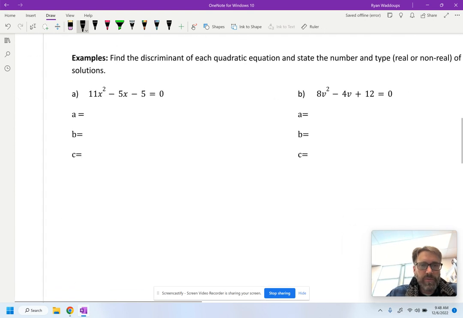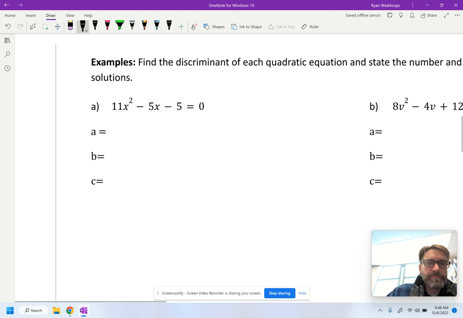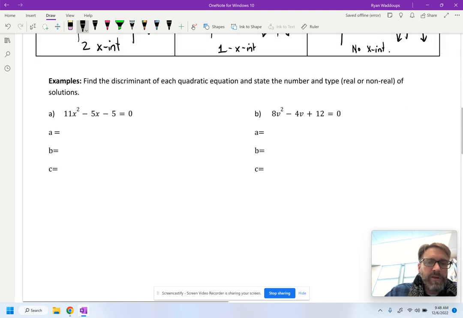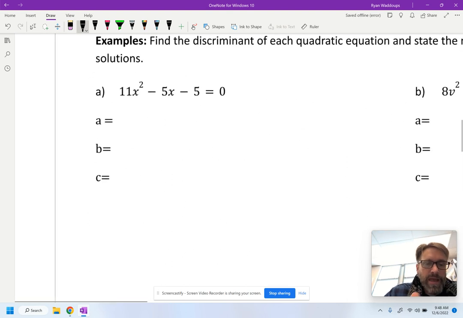All right, let's take a look at what this looks like. The examples say to find the discriminant of each quadratic equation and state the number and type, real or non-real, of the solutions. So on A, a is 11, b is negative 5, c is negative 5.